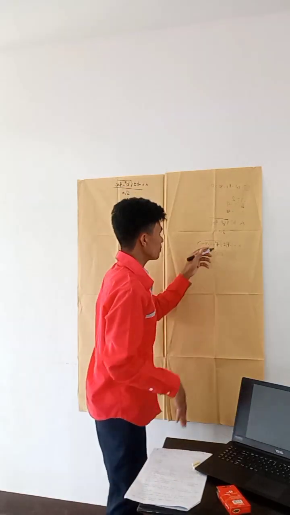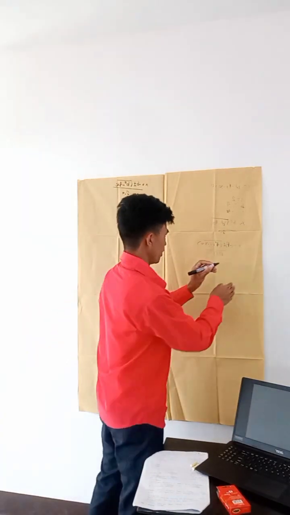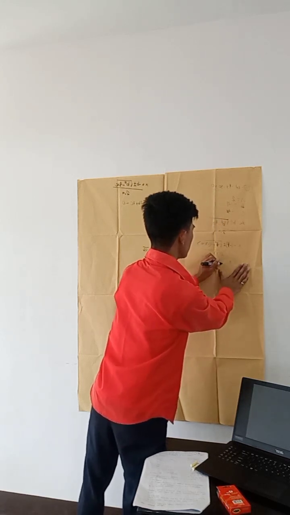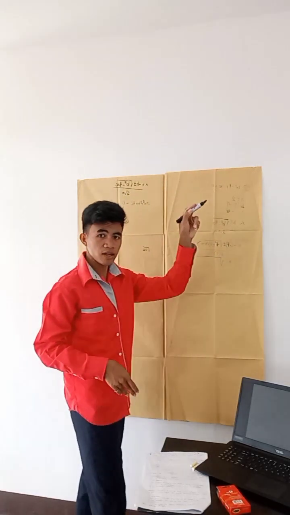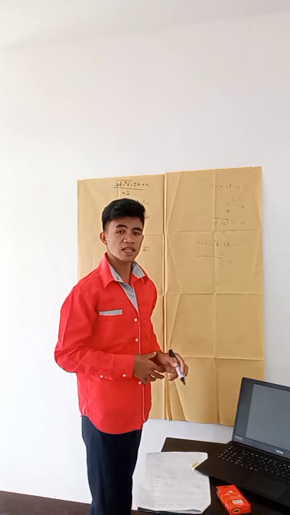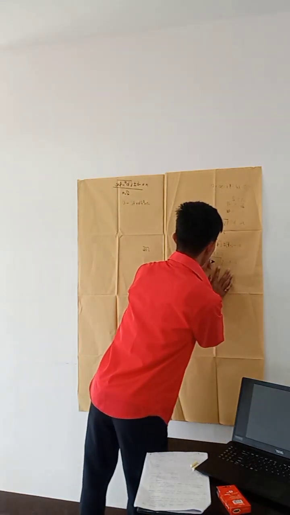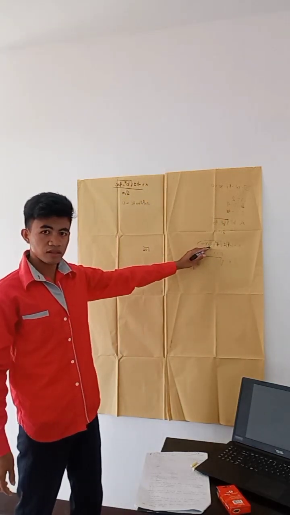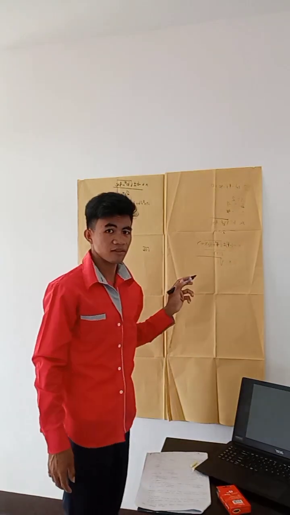Okay, we're going to simplify. Negative times negative 4 is equal to 4. 4 plus or minus the square root of negative 4 squared, or negative 4 times negative 4, is equal to 16. Then negative 4 times 2 is equal to negative 8.